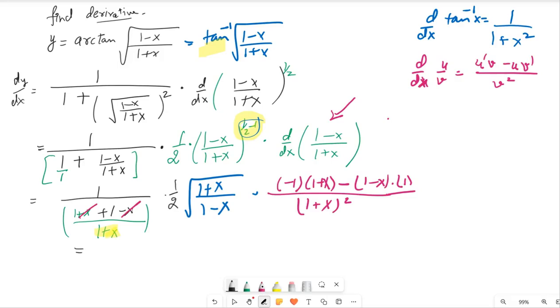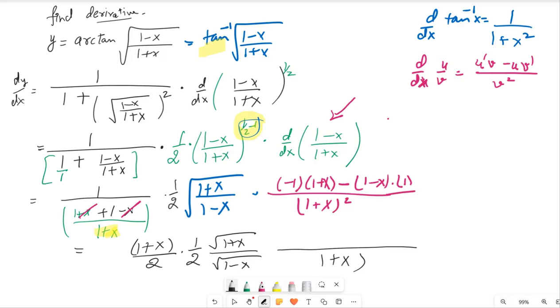Let's see what we have: 1 plus x here by 2 times 1 by 2, 1 plus x here, 1 minus x here, 1 plus x whole squared, minus 1, then multiplied with this, minus x, minus 1 plus x.